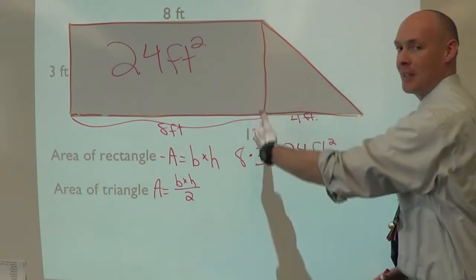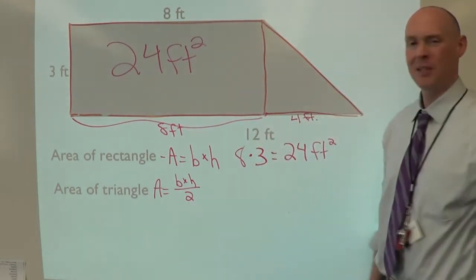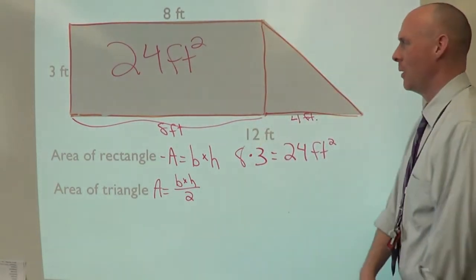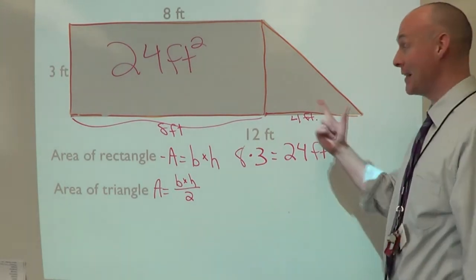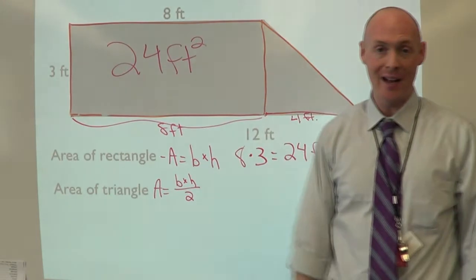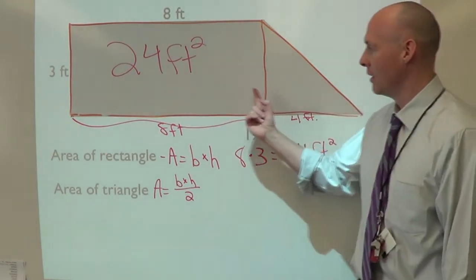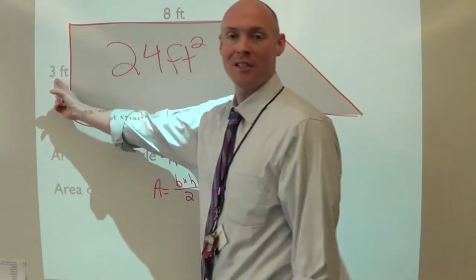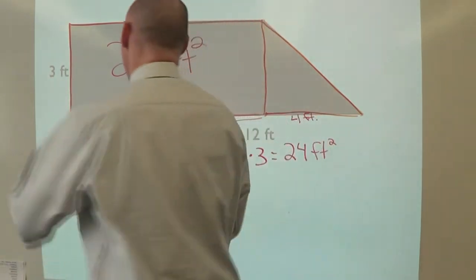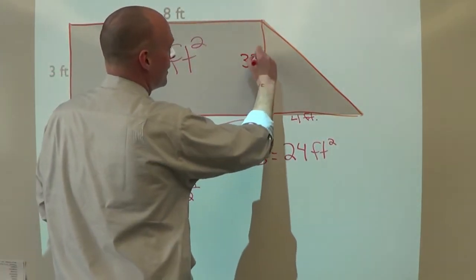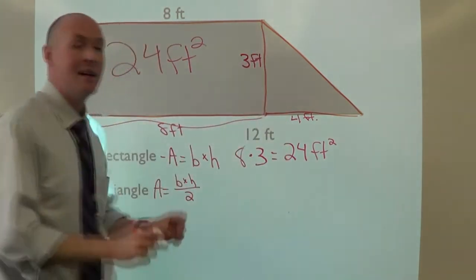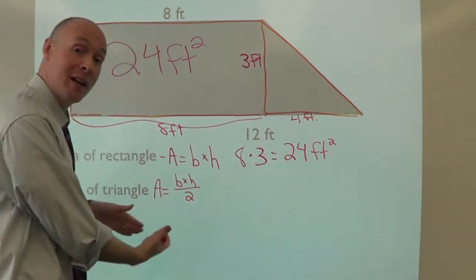Remember triangles: base times height divided by 2. So what's the height? Hopefully some of you are thinking, well, Mr. Gohane, it's a rectangle, so just look at the opposite side. I'll do that. Go over here. The opposite side is 3. So if that is 3, this side also must be 3 feet. Perfect. Now we have the information, so plug it into our formula.